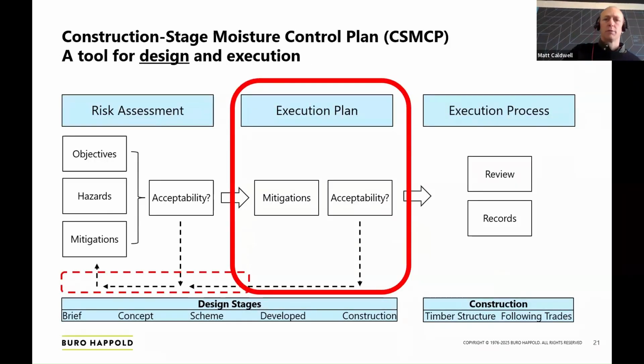Once we've settled on the risk assessment outcomes, you need to record it all in a coordinated planning document. And then it's clear what you've assumed and how it will influence the execution stage, so that you can communicate it to other stakeholders. So the contractor would be a primary example. And a version of this needs to be in circulation while the building is being designed, not something that you leave till later.